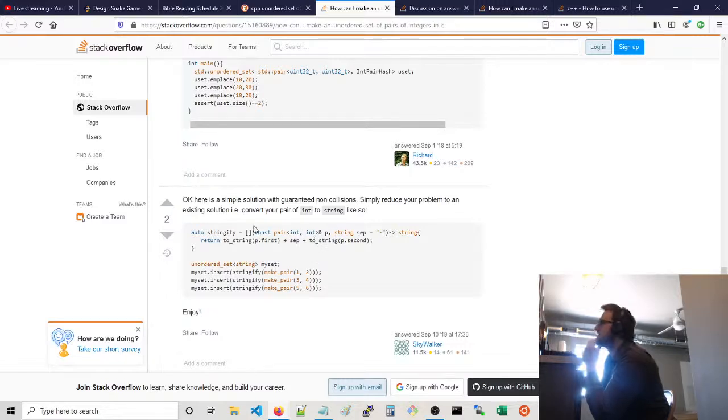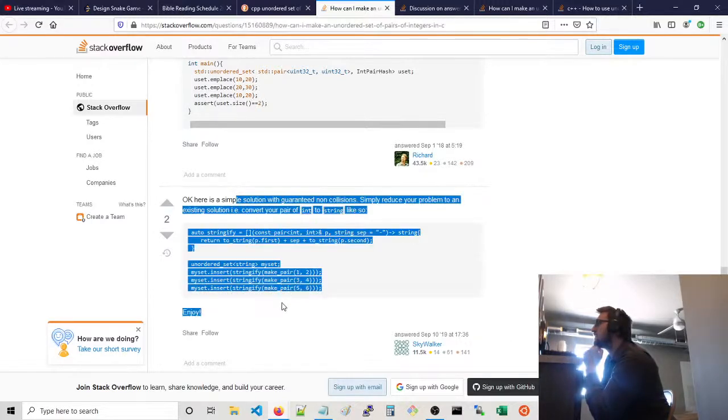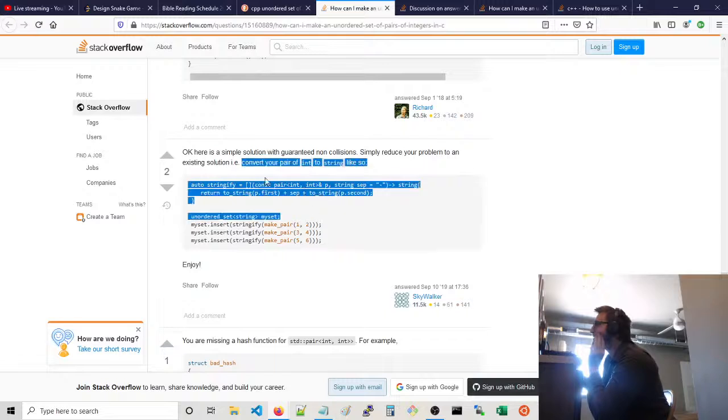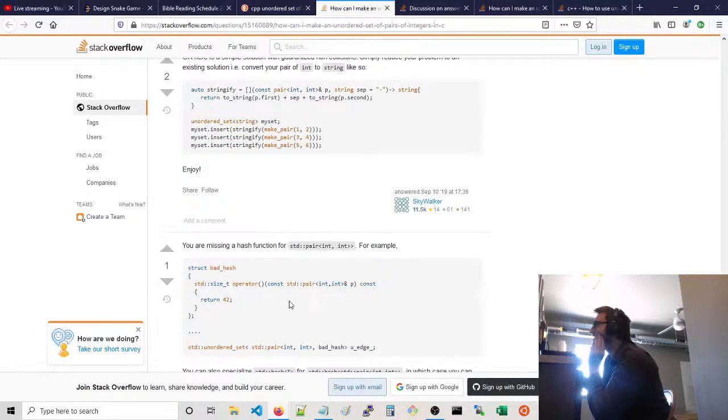String separator, use a stringify. No, don't do that. That's so expensive if you do it that way. Bad hash.